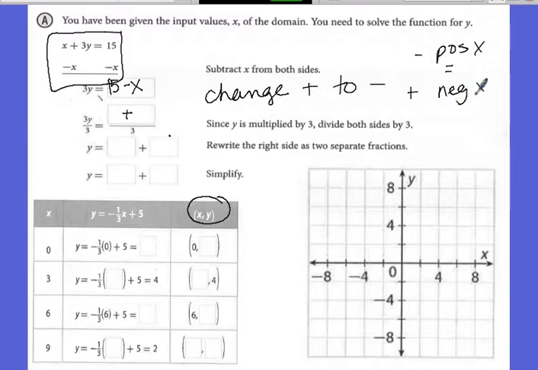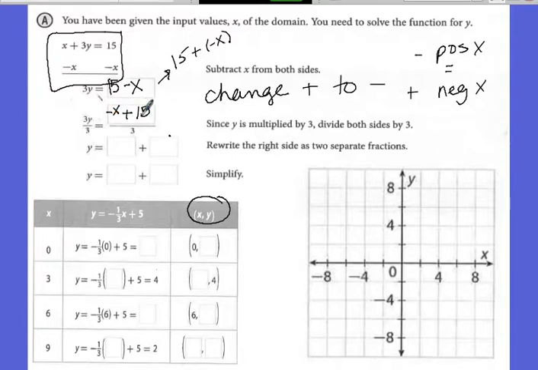So this is the same thing as saying negative x plus, well, let's not change it right away. I want you to see that this is the same as saying 15 plus a negative x. And then, because of the fact that it's addition, I can use the commutative property and say negative x goes first, 15 can go second.